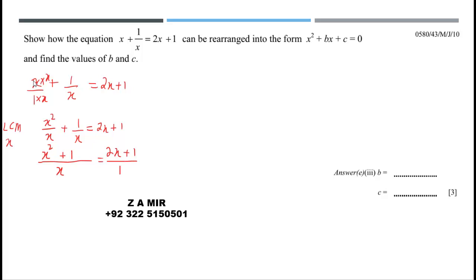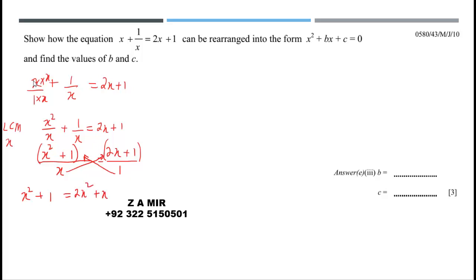Now we have single fraction on left hand side and single on the right. So cross multiply. This one will multiply with this whole. It will become x square plus 1, and this x will multiply with this whole. So it will become 2x square plus x.